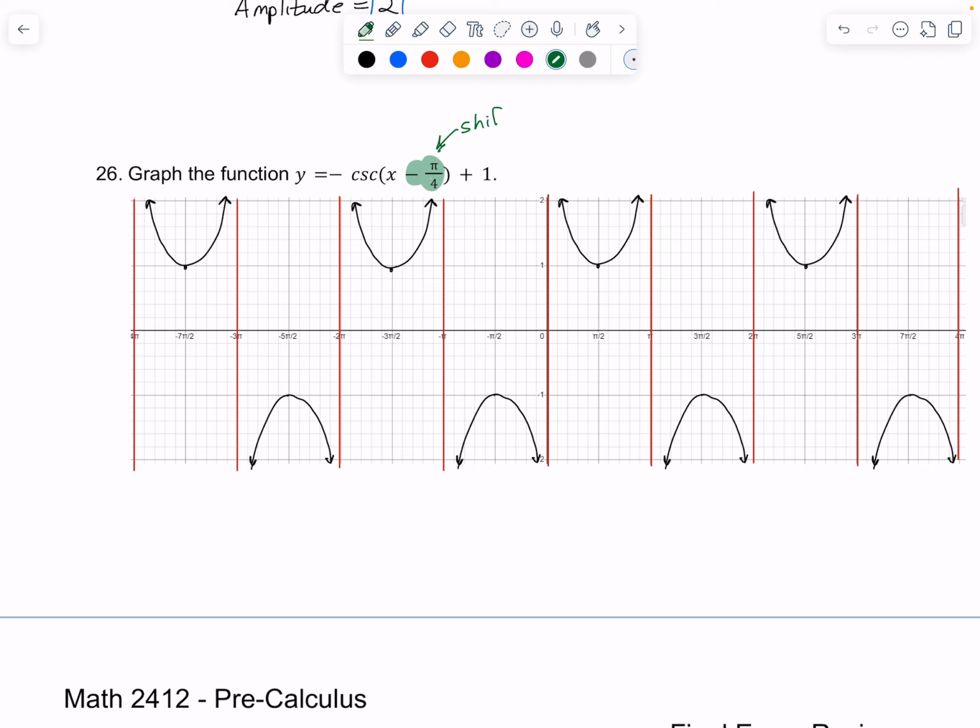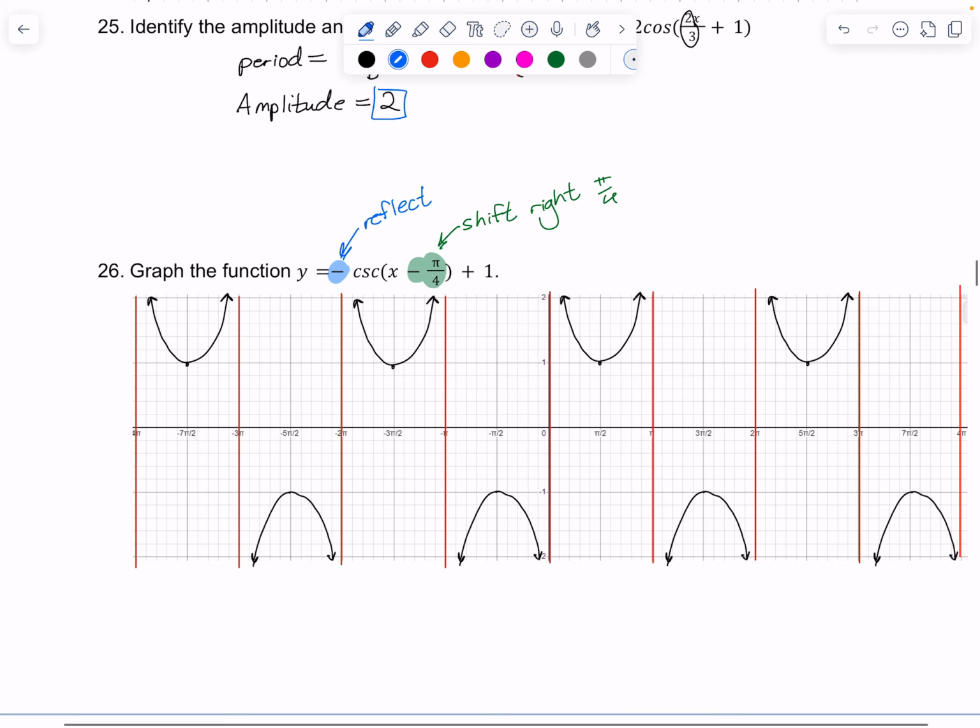So this is a shift right by pi over 4. Then it gets flipped upside down, or reflected vertically, or across the x-axis. And then it's going to be shifted up 1.